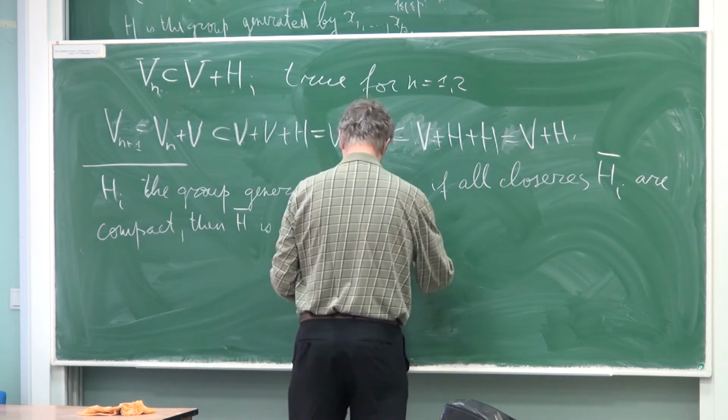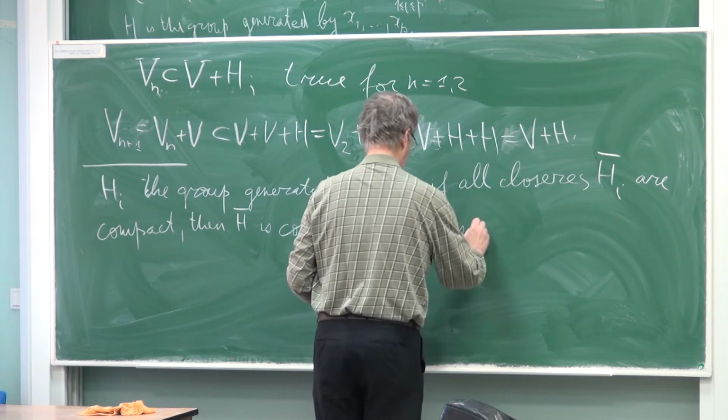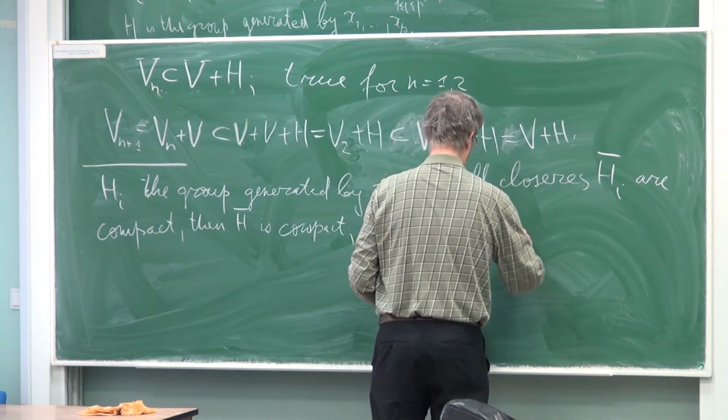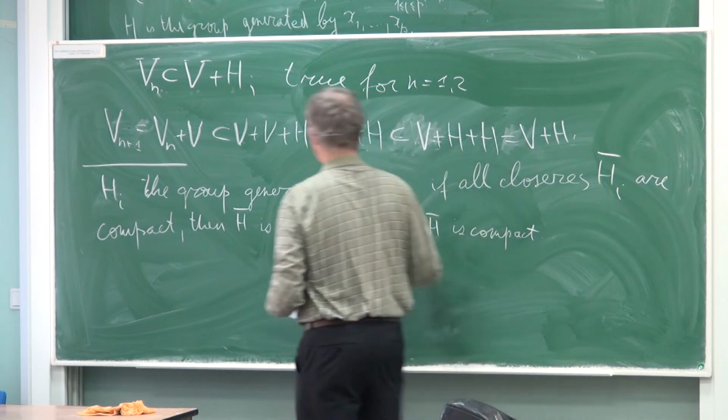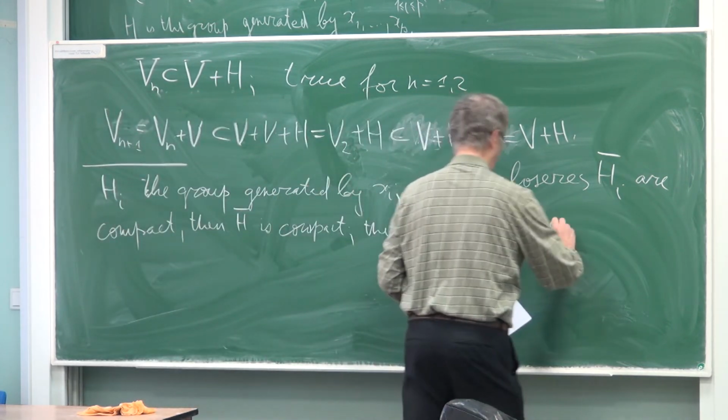Then V plus H bar is compact, and this set contains G, so we obtain that G is compact.